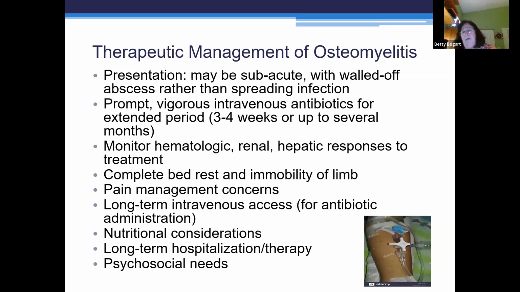So, if we have osteomyelitis, usually these children will get some sort of peripherally inserted central catheter, a PICC line, to go home with, and they'll be given antibiotics IV because it's a bone with a staph infection. It really needs to be treated. Well, what do we know about antibiotics that treat staph?